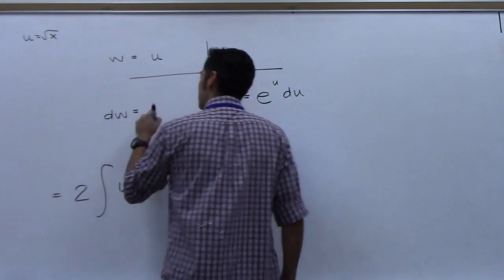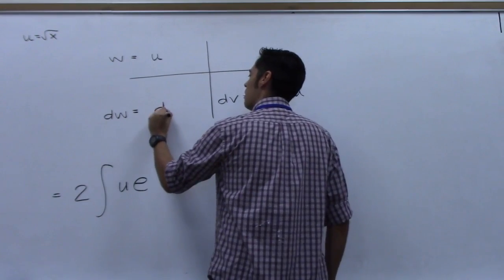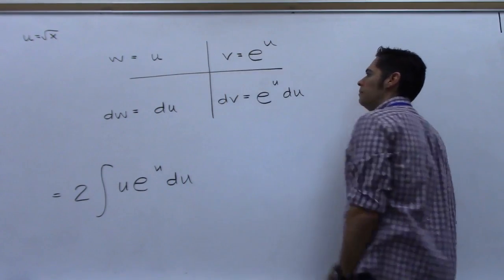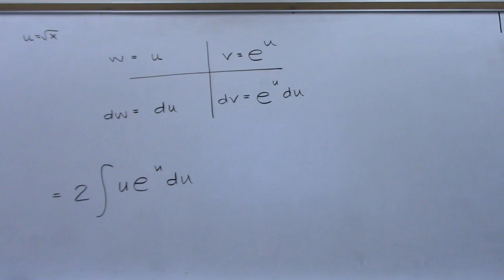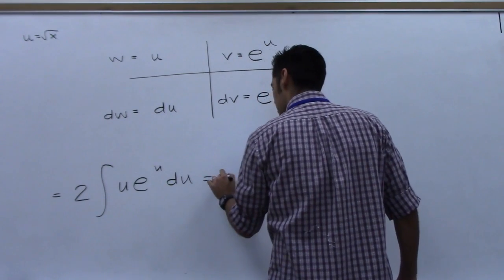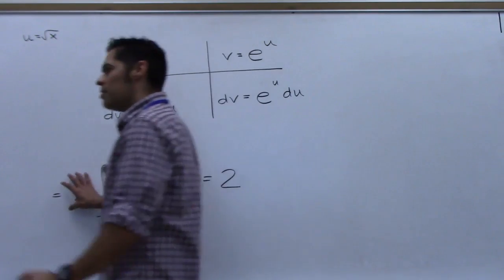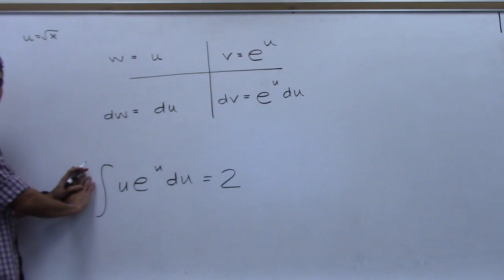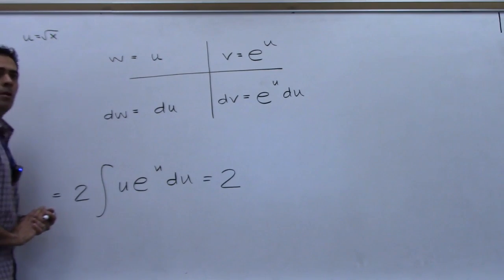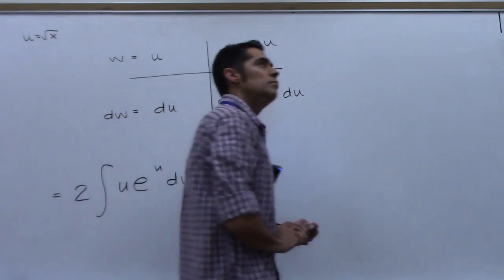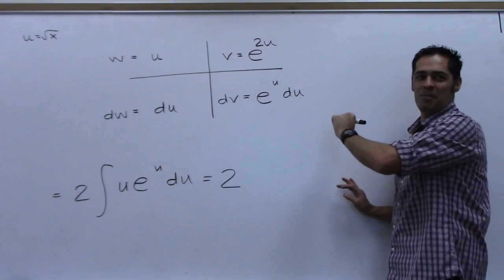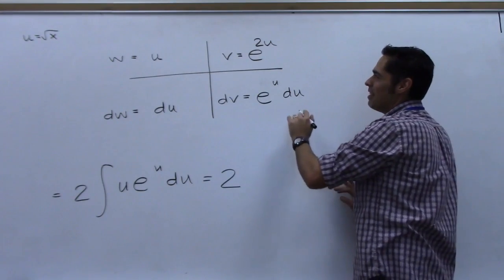We differentiate down, that is going to be du. And then v up, just e to the u. So this integral becomes 2. So this 2 right here is going to be passed through whatever I get now, right? For v, put 1 over u, e to the u, or no? No. If it was like 2u, which it's not, I don't know where you get that crazy idea from.